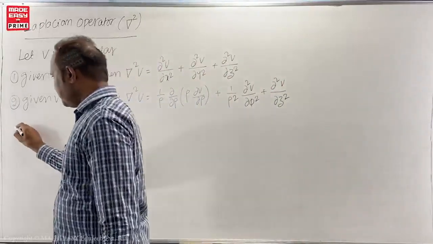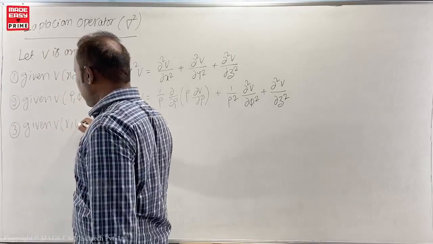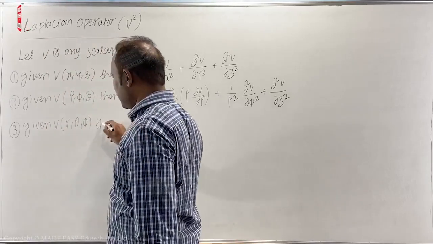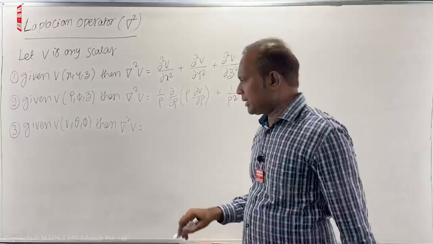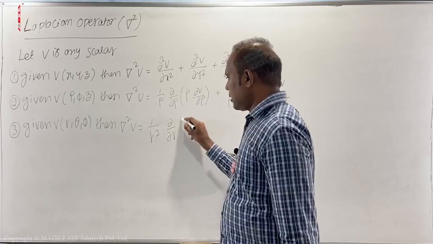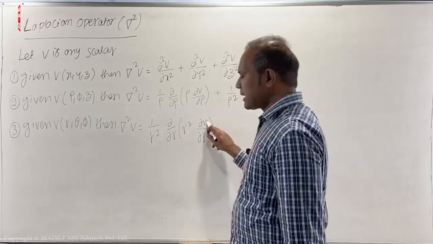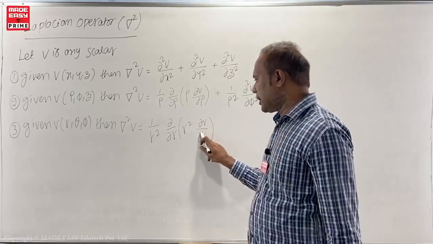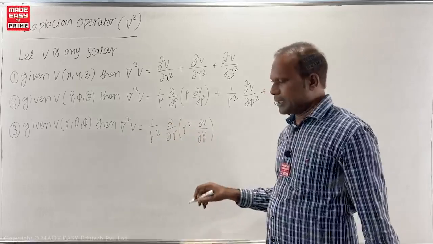Third formula: given scalar is a function of r, theta, phi, that means that is the spherical system. Then del square V formula after derivation you get this: 1 by r square, dou by dou r, r square into dou V by dou r. That means take scalar and partially differentiate with r, then multiply with r square, again partially differentiate, then divide with r square.